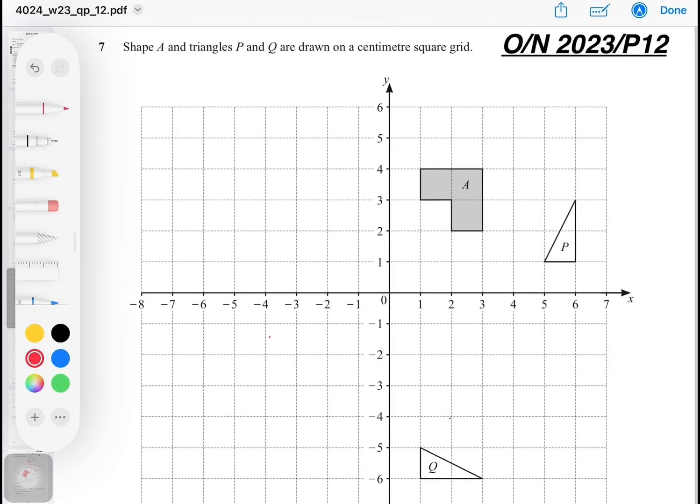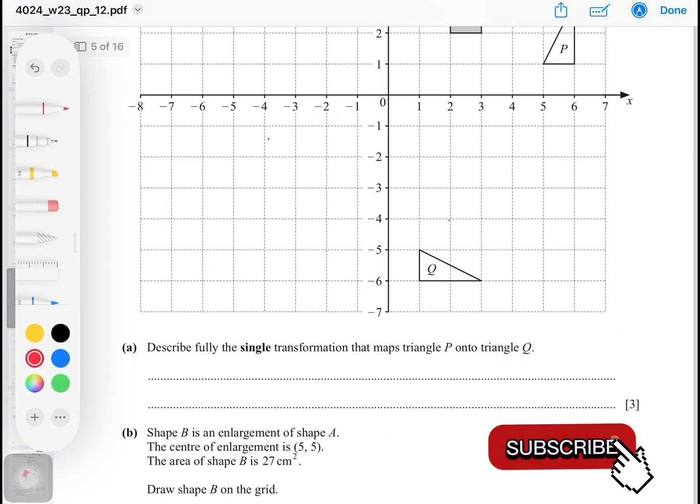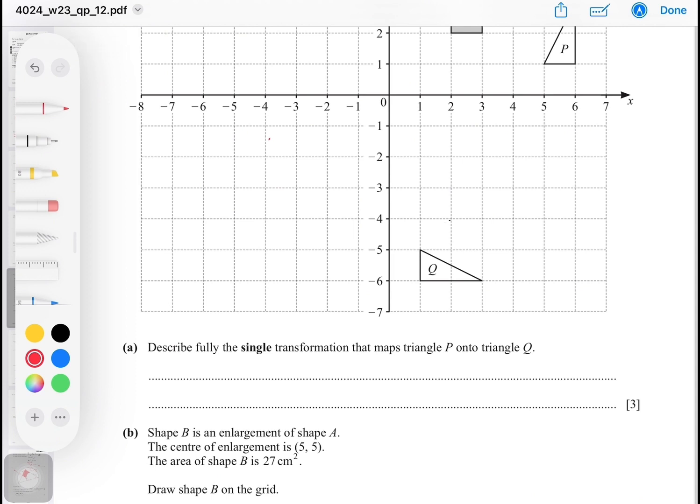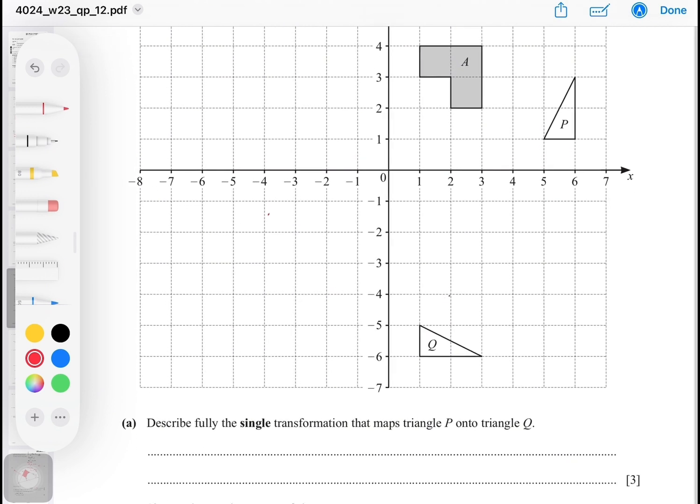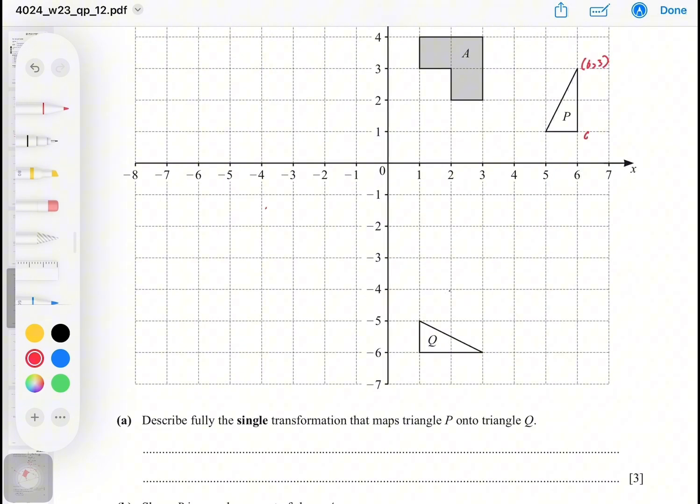Question number 7. Shape A and triangles P and Q are drawn on the centimeter square grid. Part A. Describe fully the single transformation that maps triangle P onto triangle Q. First of all, we will find out the coordinates of triangle P, that is 6, 3, 6, 1 and 5.